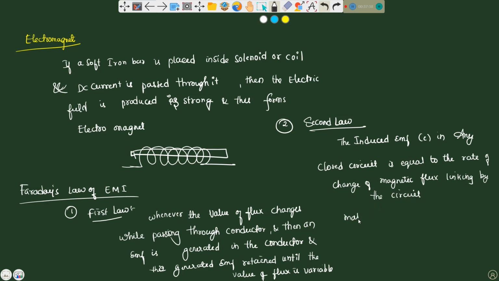So mathematically, E is proportional to phi 2 minus phi 1 with respect to time. Okay, that is, E is equal to minus n d phi by dt.